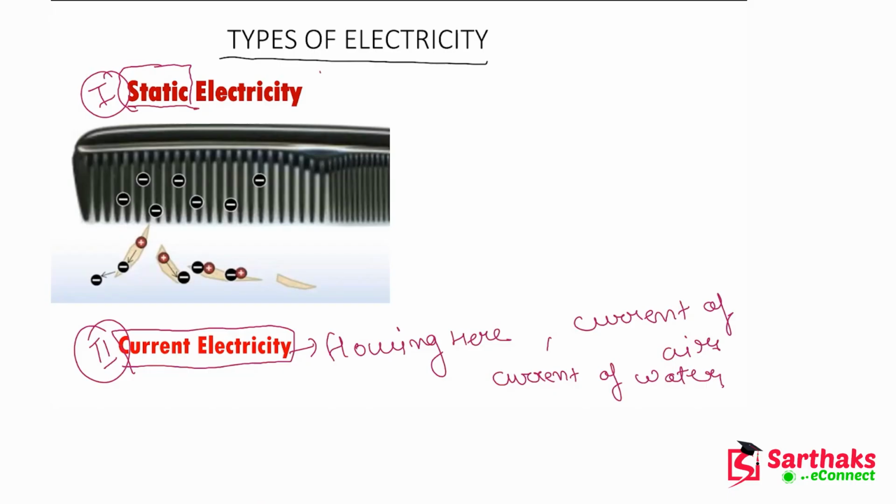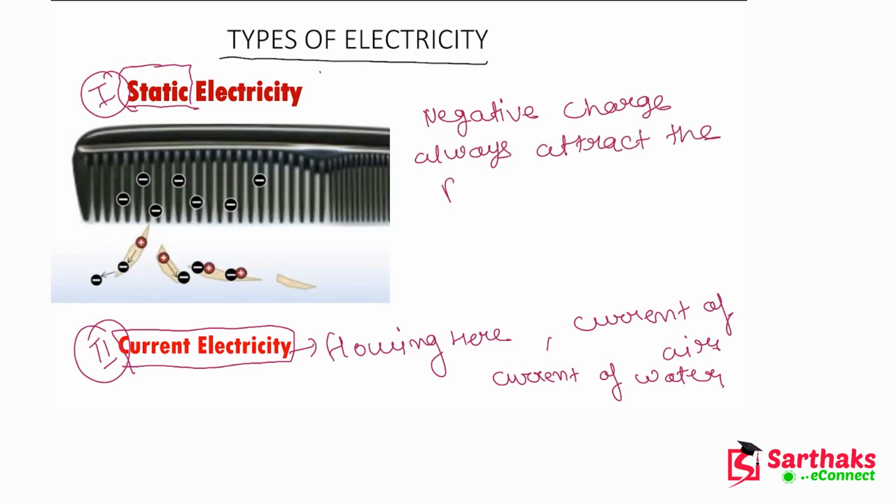Now this negative charge, you have to remember that negative charge always attracts the positive charge. So this negative charge will attract the positive charge present in the small pieces of paper. That's why it gets attracted towards it.